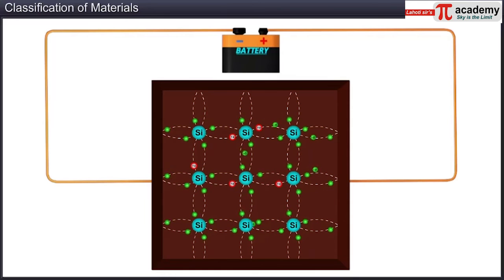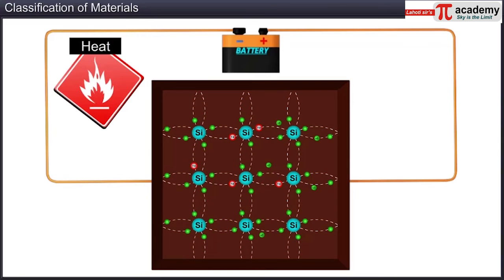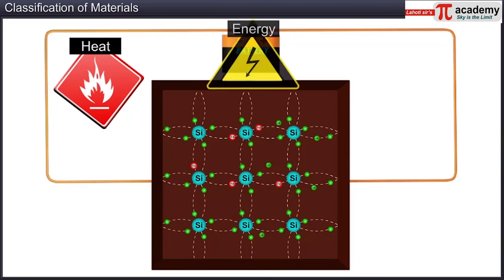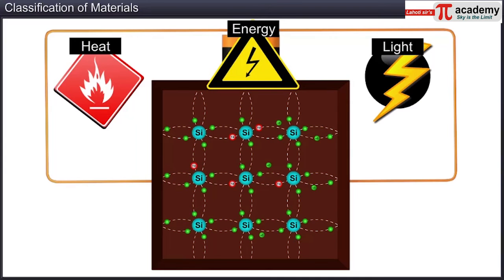However, at low temperature, the charge carriers are not free to move as they do not possess sufficient energy to move. The charge carriers can be freed to become mobile charge carriers in a semiconductor by heating, applying a small voltage, or exciting through light.